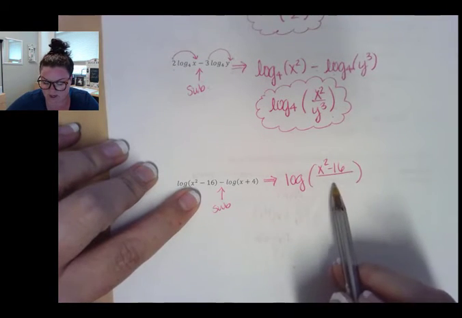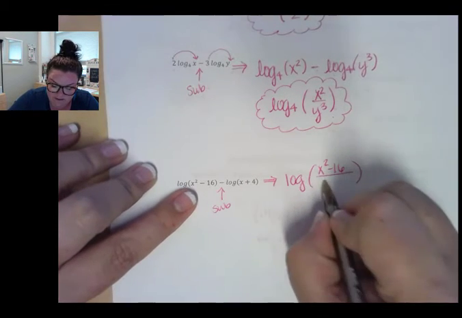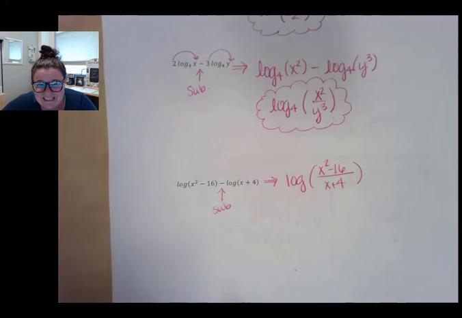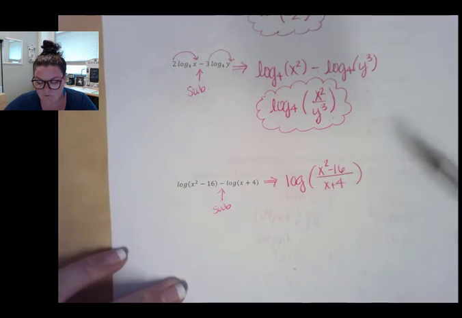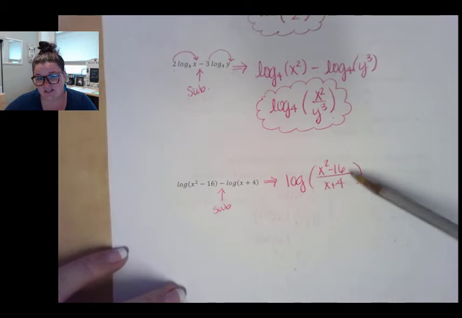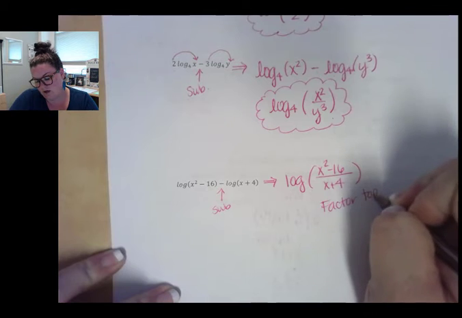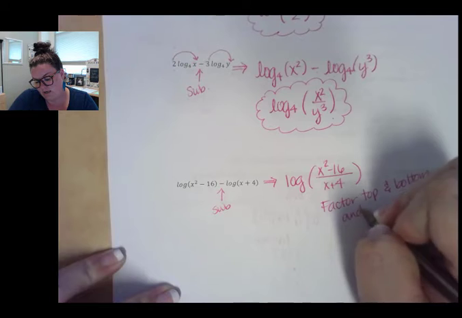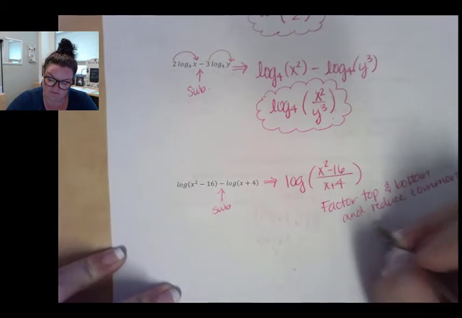And the one that goes on the bottom is from the term that's getting subtracted. So its inside value here is x plus 4. Okay. So again, I can't cancel out my log because I don't have 10 to some power in here. But notice, we have simplified a rational expression that looks like this before, right? To simplify rational expressions, we factor top and bottom and reduce common factors.